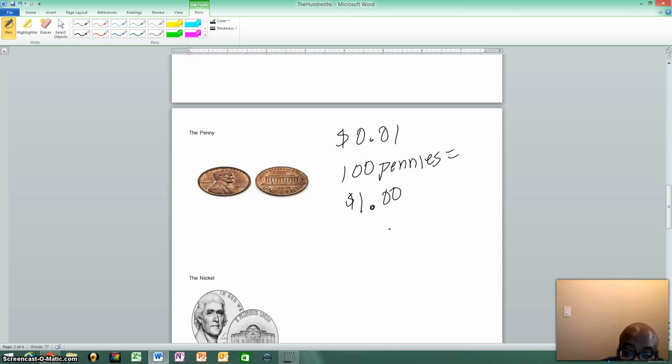Because remember that a penny is 1/100th of a dollar. Don't forget to draw those pictures of those pennies and those dimes.